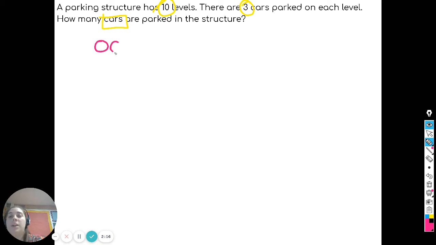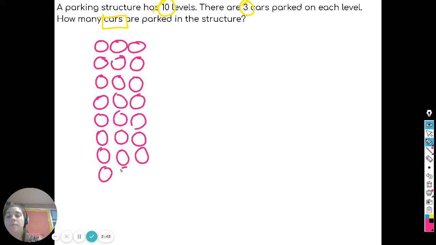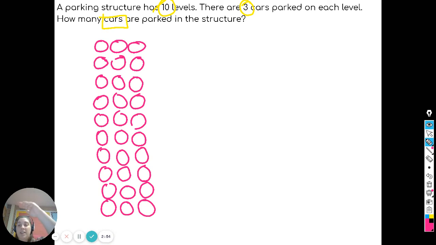So I'm going to start with the 3 cars on the top level, and then the 3 cars on the second level, the 3 cars on the third level, 4th level, 5th level, 6th level, 7th level, 8th level, 9th level, and finally on the 10th level of the parking structure. Okay, so this is showing 10 levels and 3 cars on each level.